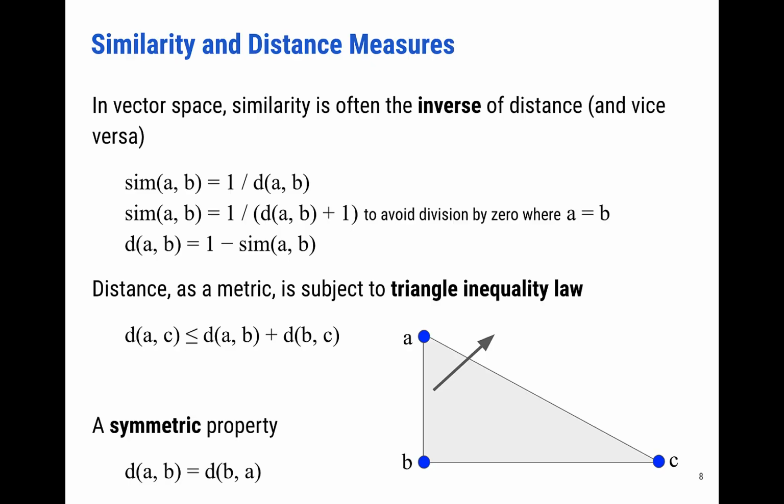Distance as a metric is subject to something called the triangle inequality law. We can actually see that this applies to certain measures of similarity that don't meet this law.